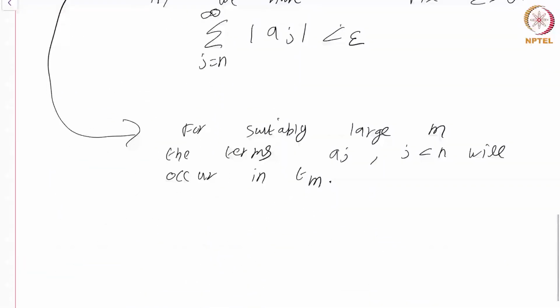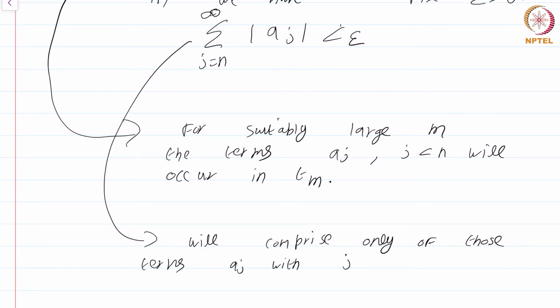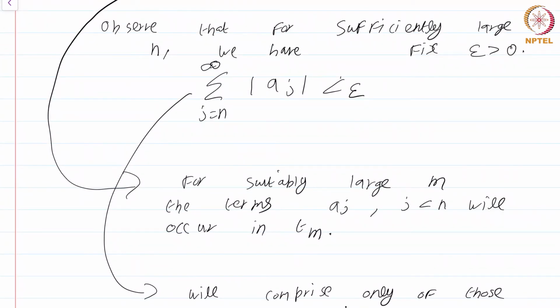Now this sum will comprise only of those terms a_j with j greater than or equal to n, right? Because the first n terms will get cancelled.